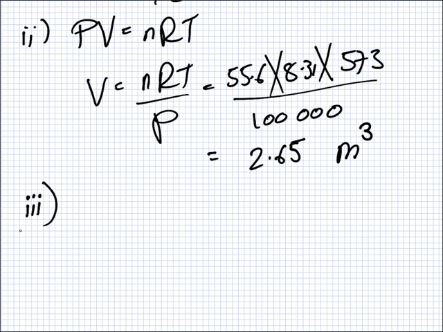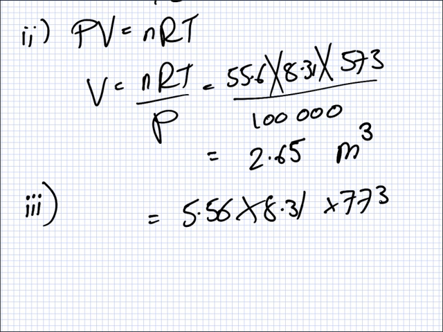Part 3. So it's the same again, except they changed the pressure and the temperature. So now it's 5.56 times 8.31 times 773 over 300,000.